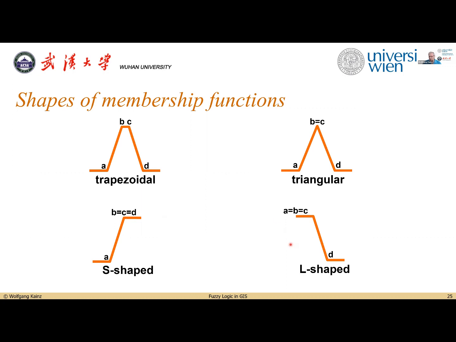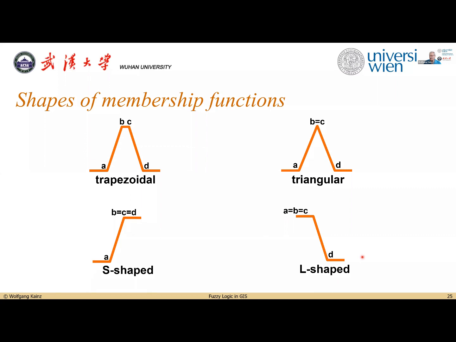And on the other hand, we could only look at the descending part of our membership function. We say up to parameter C, everything is 1. Then it decreases until parameter D, where it becomes 0. And from there on, it stays 0.